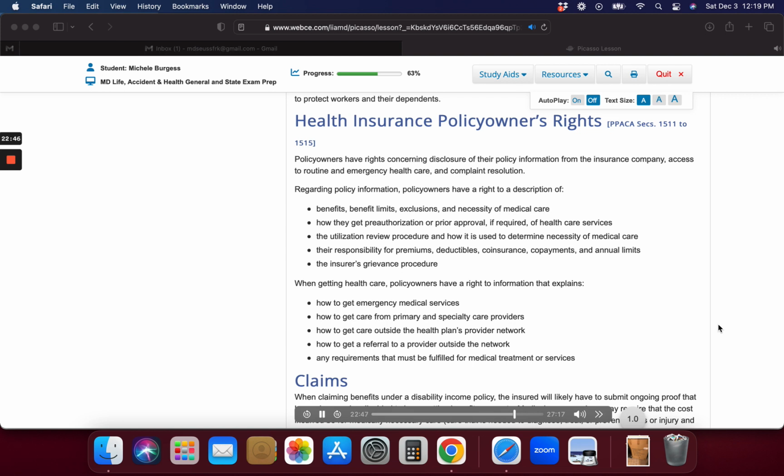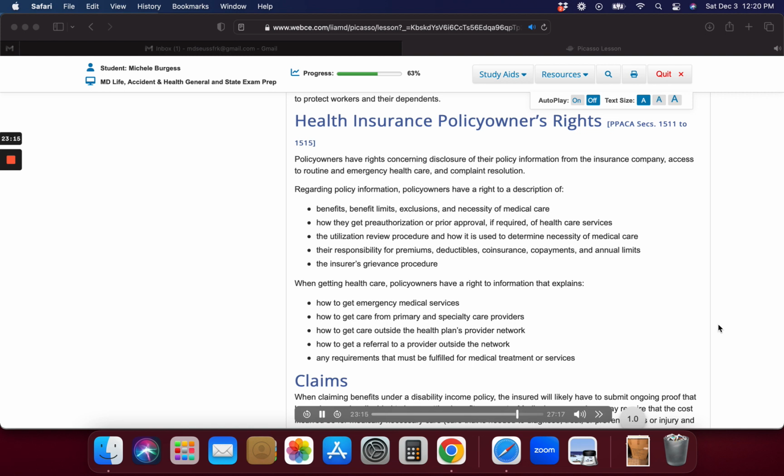How they get pre-authorization or prior approval, if required, of healthcare services. The utilization review procedure and how it is used to determine necessity of medical care. Their responsibility for premiums, deductibles, co-insurance, co-payments, and annual limits. The insurer's grievance procedure.